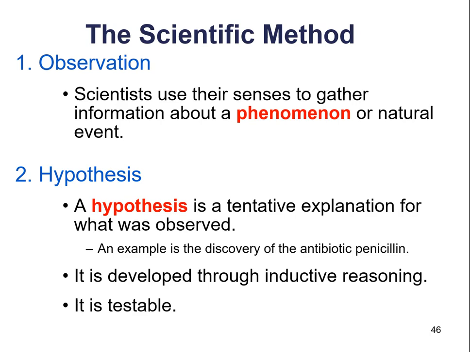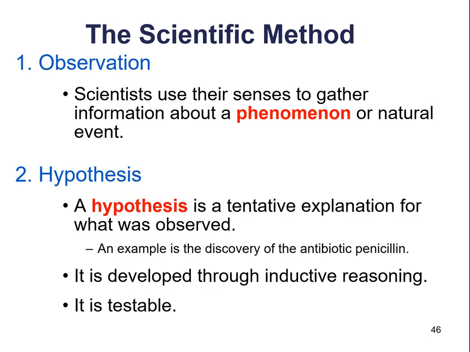It says a hypothesis is a tentative explanation for what was observed, okay? And it says an example is the discovery of the antibiotic penicillin. So I guess we can talk a little bit about the discovery of the antibiotic penicillin, okay, and how that fits in with this.